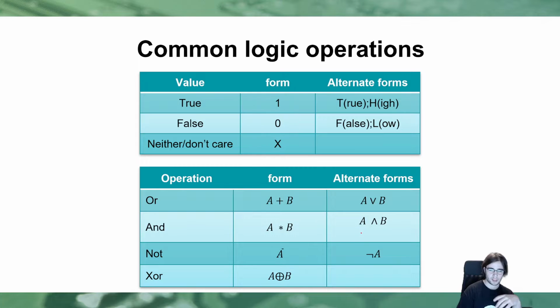That's written on Wikipedia like this. And then there's not. I don't know why on the slideshow, but the line is supposed to go over the thing, like A with a line over it is not A. And sometimes you have this weird sign, a minus with a little thing going down, which is also not, basically.